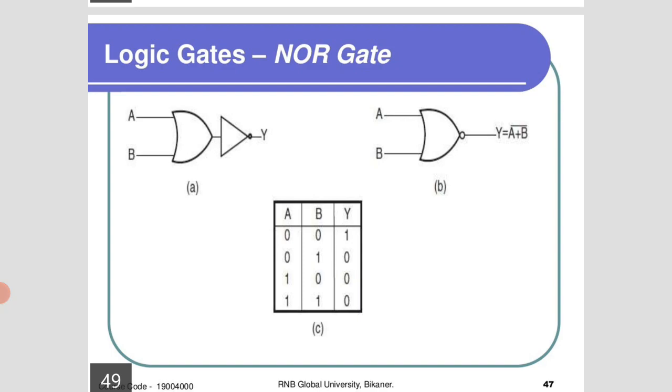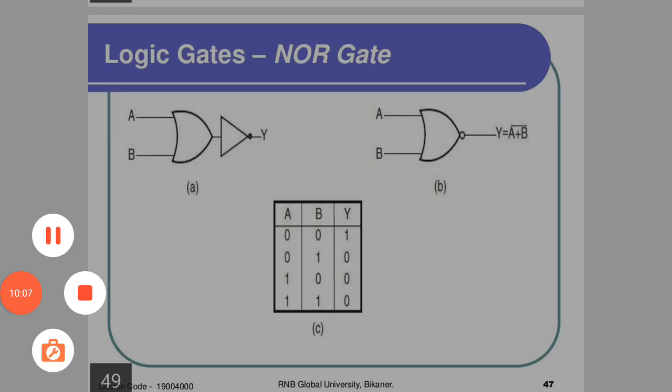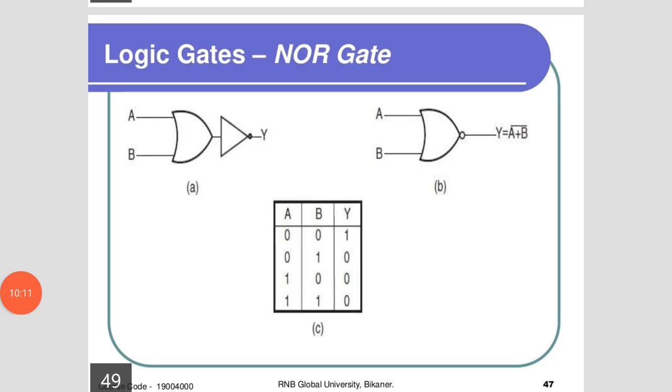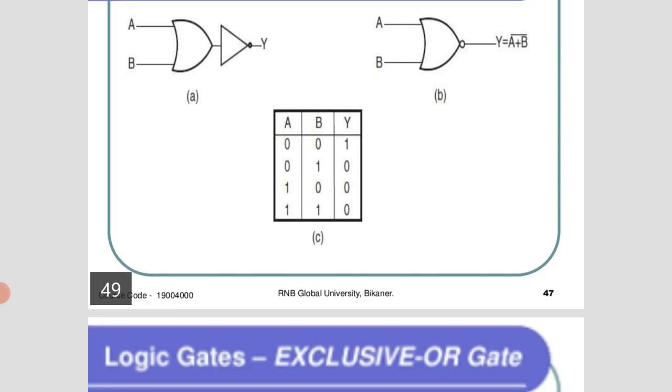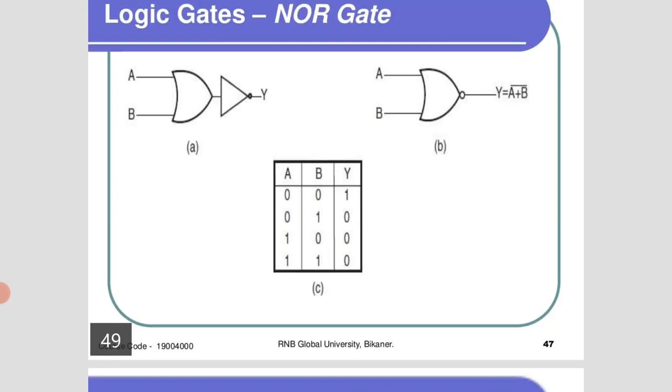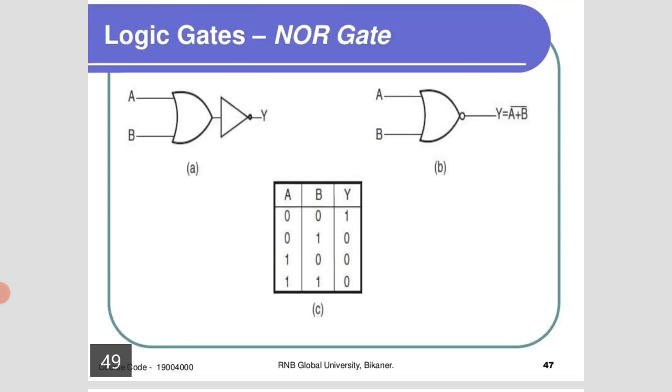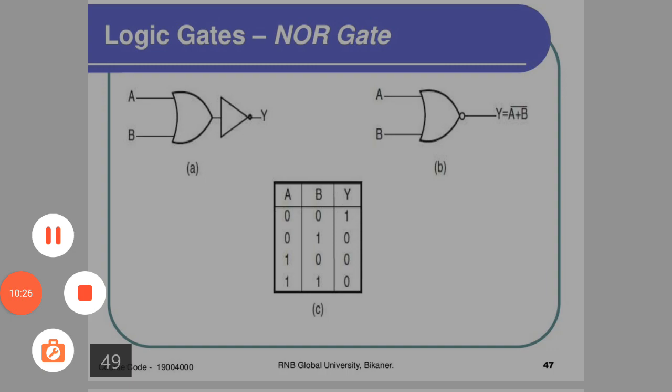The output of the NOR gate is Y, A plus B whole bar. The truth table of the NOR gate is 0 0 output is 1, 0 1 output is 0, 1 0 output is 0, 1 1 output is 0. This is the truth table for the NOR gate.